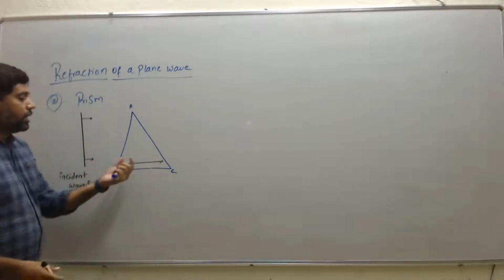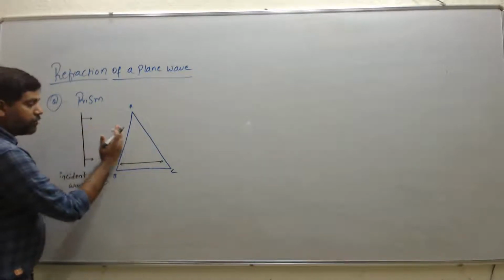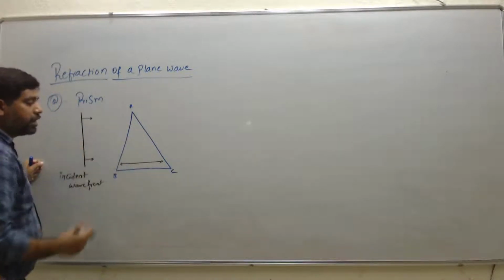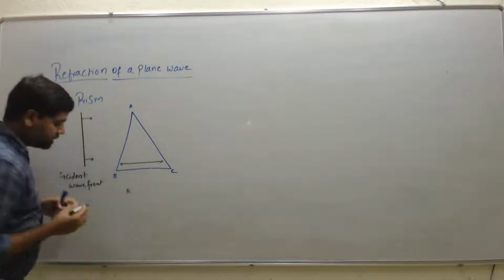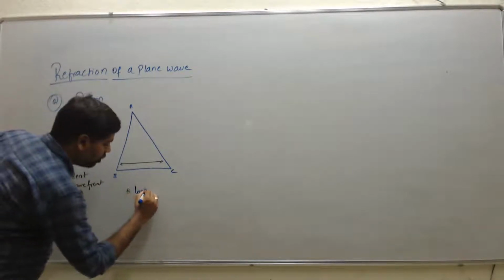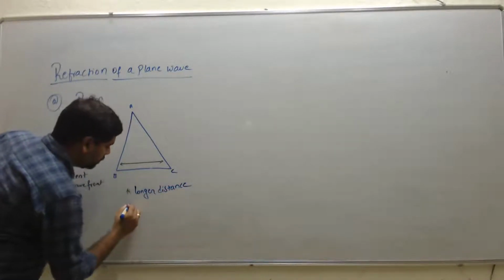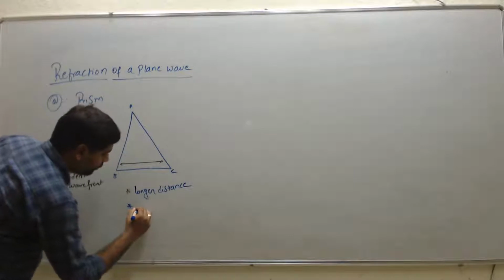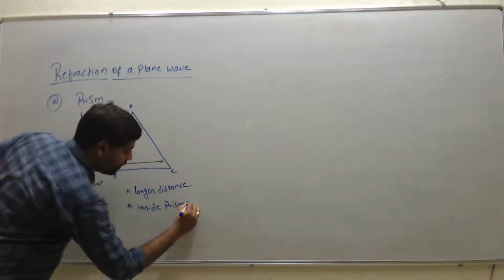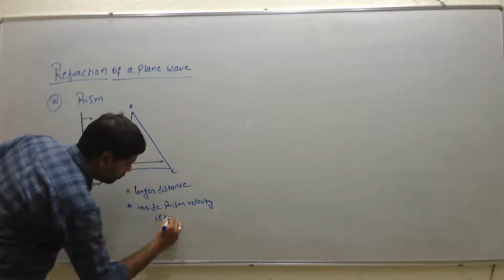One, the lower part of the incident wavefront travels a longer distance, and two, inside the prism the velocity is less.